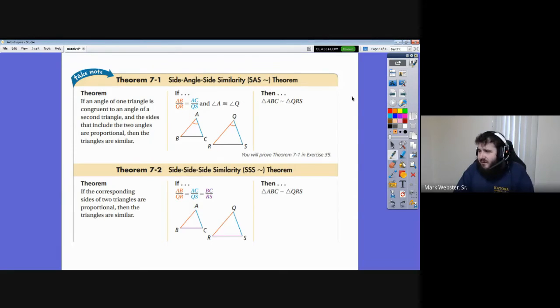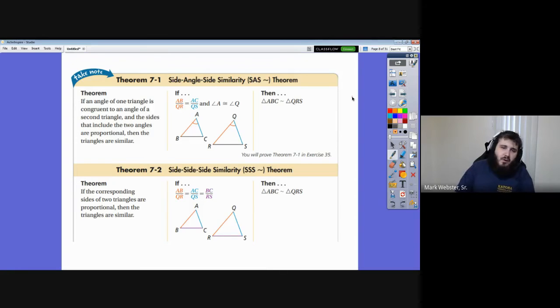So for side, side, side congruence, the three side pairs are the same as each other. They're congruent. For a side angle side, you had the two side pairs were congruent, and then the angle in between those were congruent. Right here, what we have is instead of the side pairs being congruent, they're proportional.